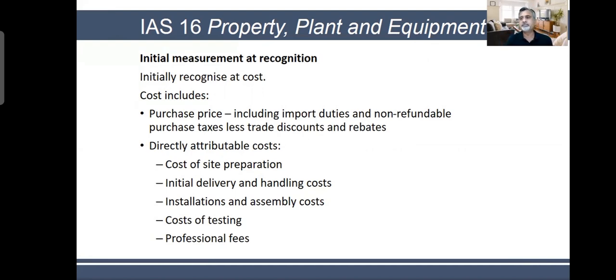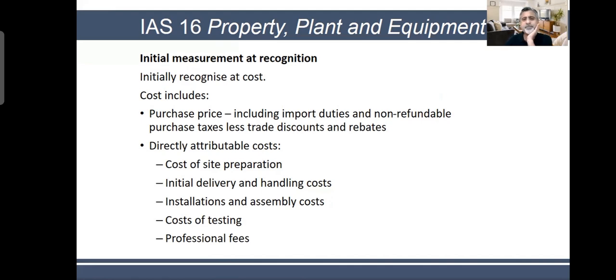We say that cost of an asset includes the purchase price plus any other expenses which are incurred to bring the asset to present condition and location. Present location means transportation inward and any other expenses related to that. Condition means in working condition, in up and running condition, so installation cost, etc.